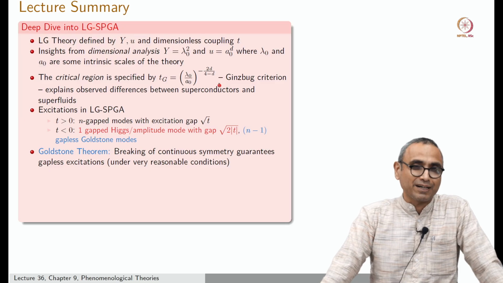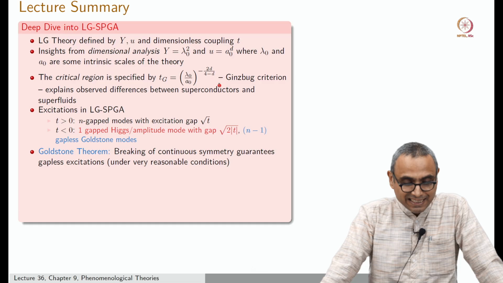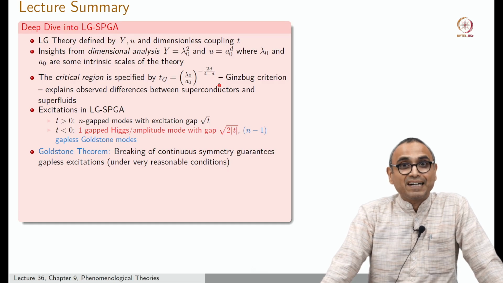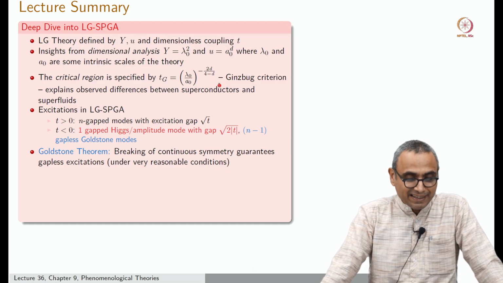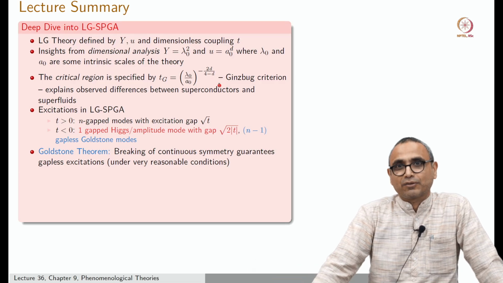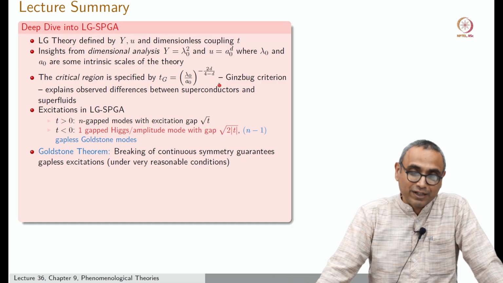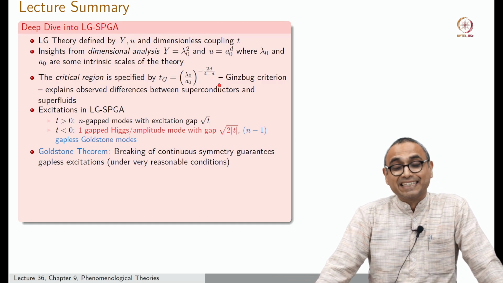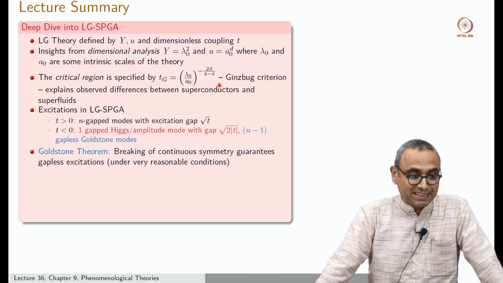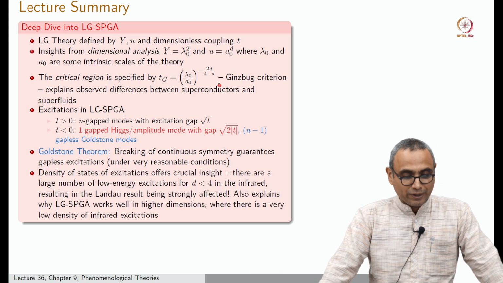Most importantly, we saw an illustration of the Goldstone theorem, which says that if you break a continuous symmetry, and under very reasonable conditions that your free energy or the action is an integral of a local density, the system will have gapless excitations. That is guaranteed, right?